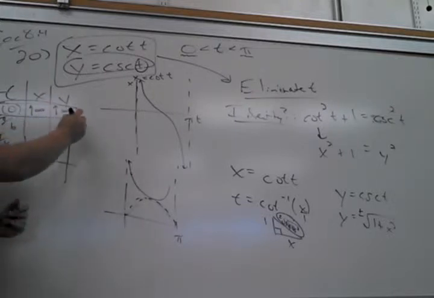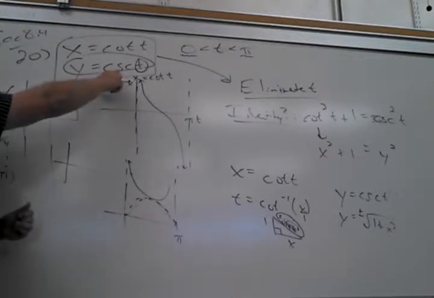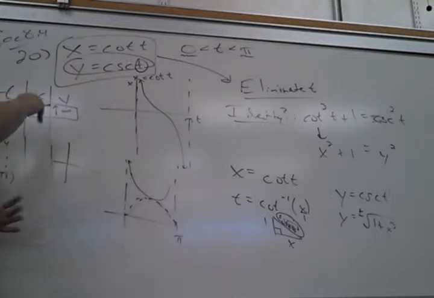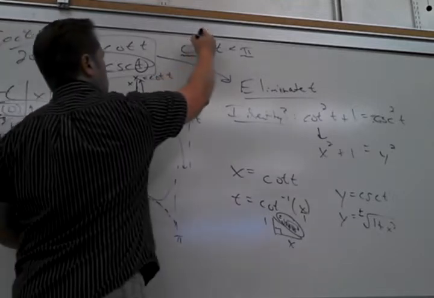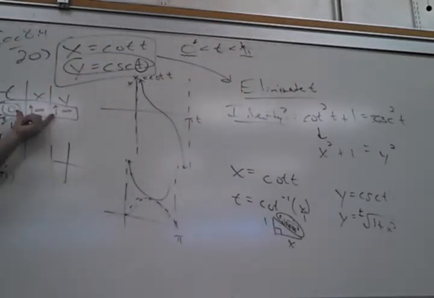On the x portion you're using the cotangent graph, and on the y portion you're using the cosecant graph, because that's what they're defined to be. So try this out. Obviously, you're going to do the middle stuff because you can't use 0 and pi. But if you need some help on the ends, think about what it would try to do at 0 and pi. Okay. That's my suggestion.